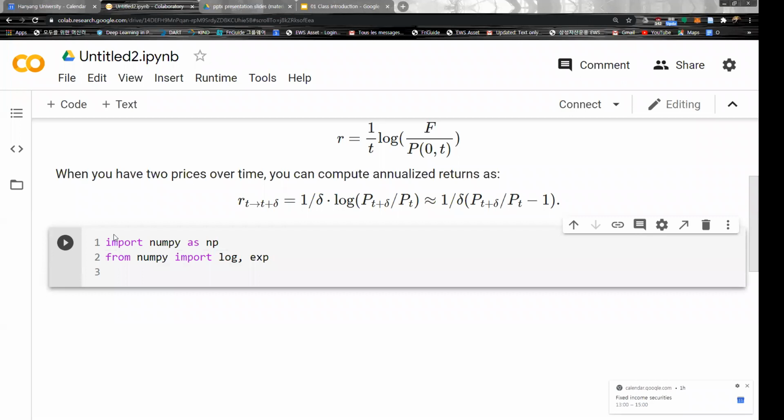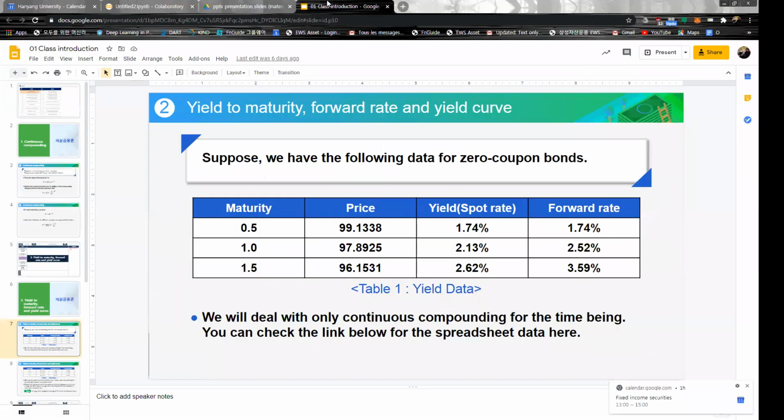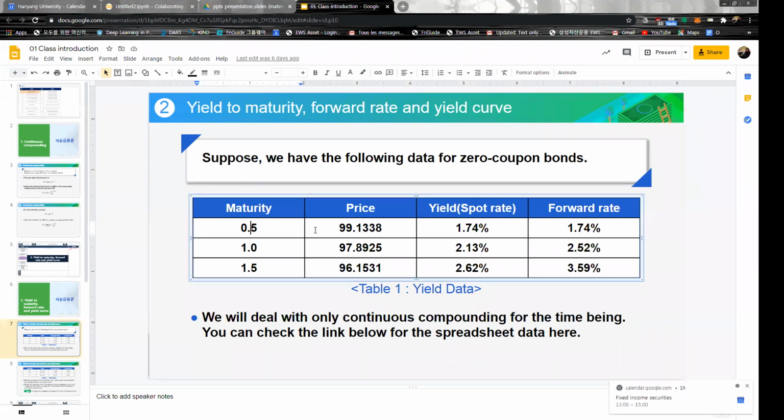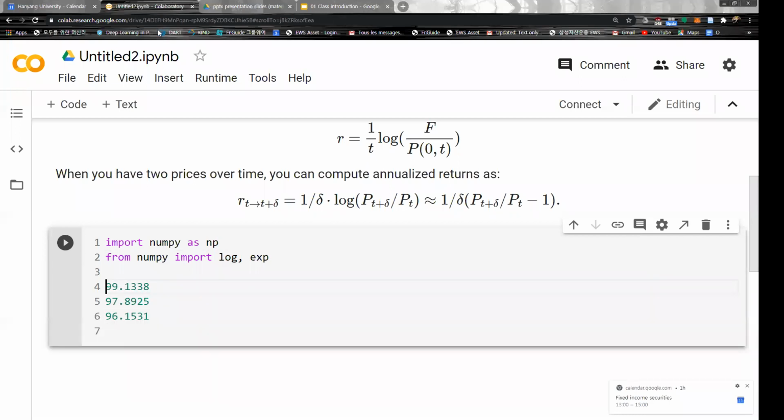Okay. And then in the data, we have 3 bonds, right? Let me copy these 3. I hope it works. Okay, it works. So they are the bond prices.